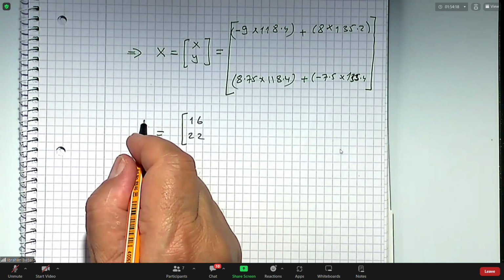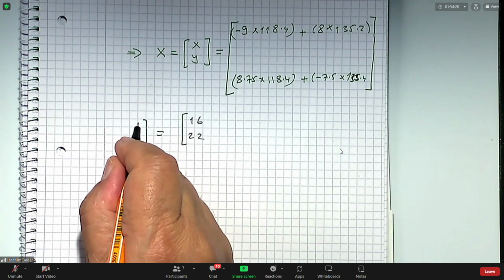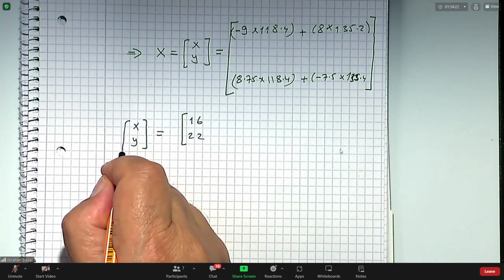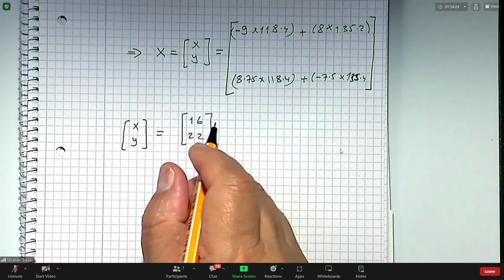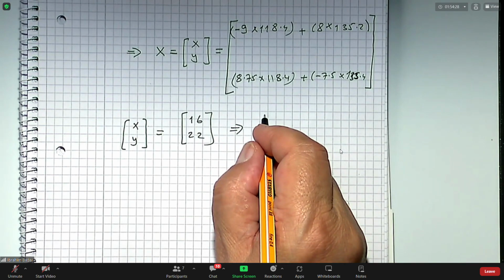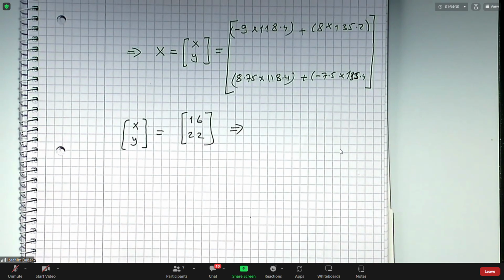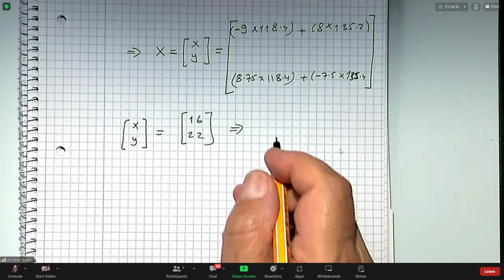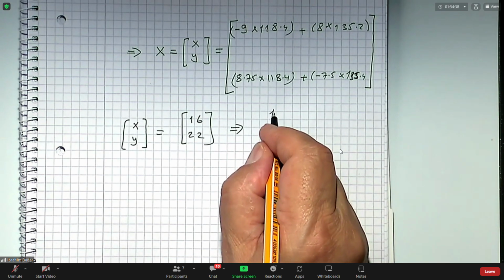And notice that this is capital X, which is the variables X, Y. And you remember it means here to interpret this that X equals. So it follows that we have, is it 16, 22 or 22, 16? 16, 22. So it follows that we have 16 children.